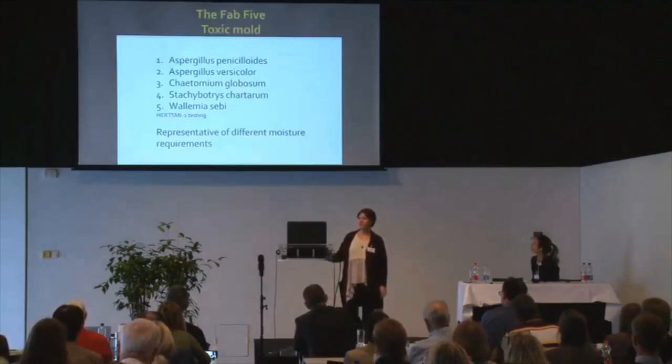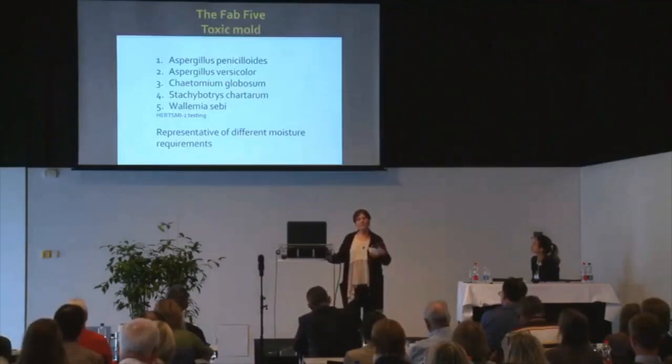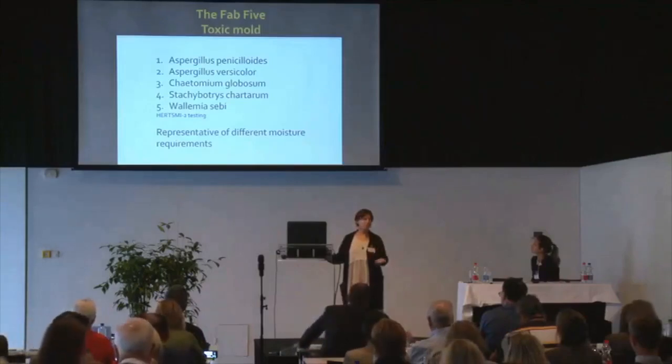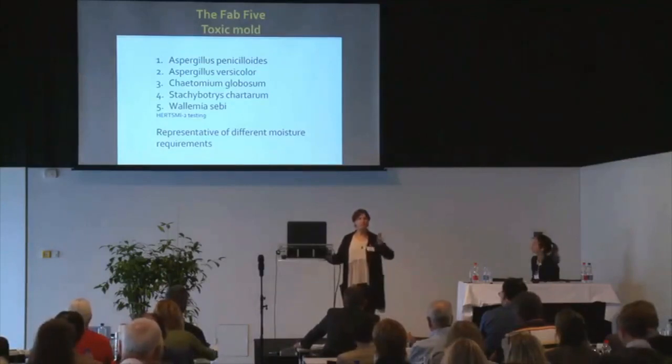These are what I call the Fab 5. There are 5 molds that are measured in a test called the ERMI test, and they're important because they represent different moisture requirements. So the first 2, the Aspergillus species, don't require as much moisture. They're more likely to grow in an HVAC system, in the ducting, the heating system.